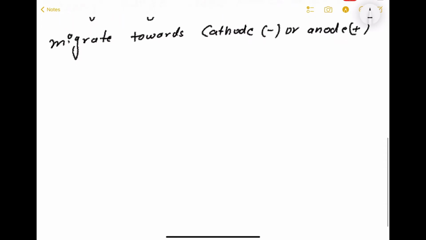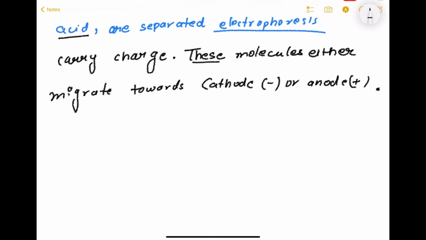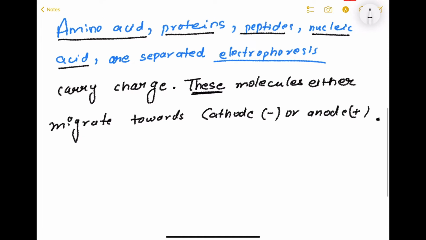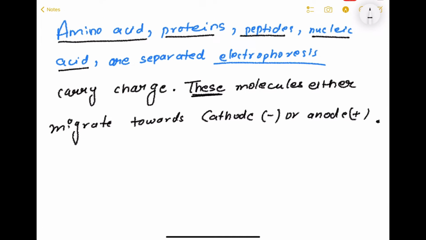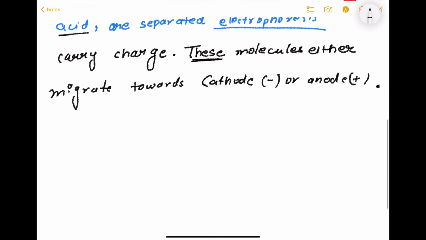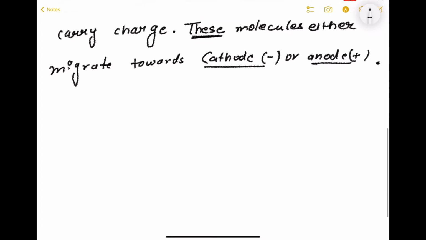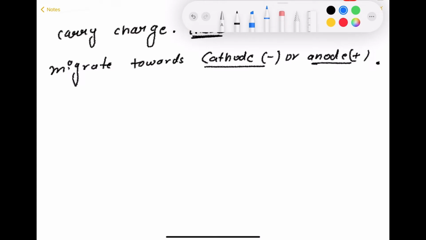So these molecules, amino acids, proteins, peptides, nucleic acids, are separated, and they migrate towards the cathode end or the anode end. This is called electrophoretic mobility.